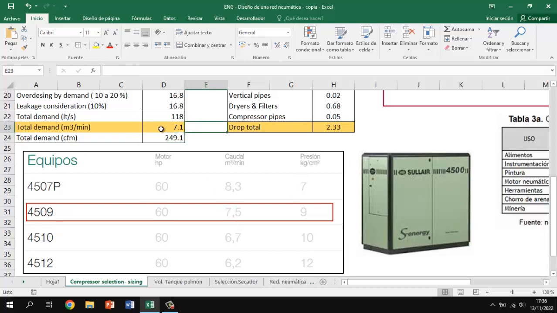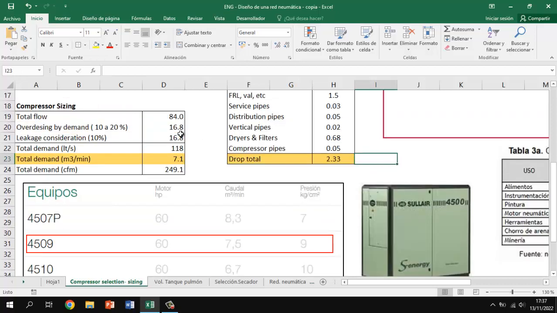And as you can see, we need 7.1, but you should select what is in the market. So in the market, I have in this case 7.5, so I should select it. I don't select this because it's 7.7, so I need more, and this is too much for this.